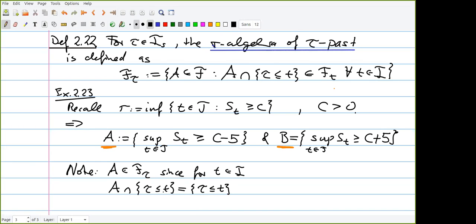So if at time tau, and tau is less than t, the price process was already above the barrier C, this means also the supremum was above the barrier C, and in particular above C minus 5, because 5 is a positive constant. And now tau is a stopping time, so this is in F t.